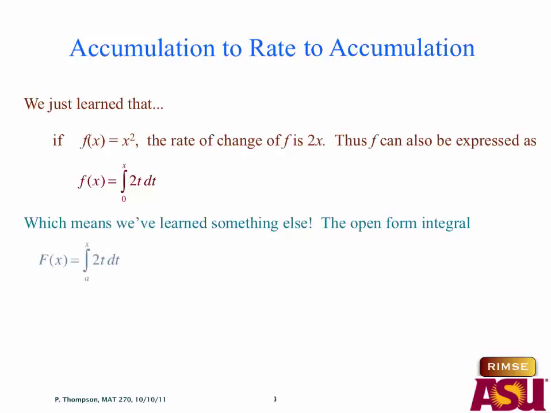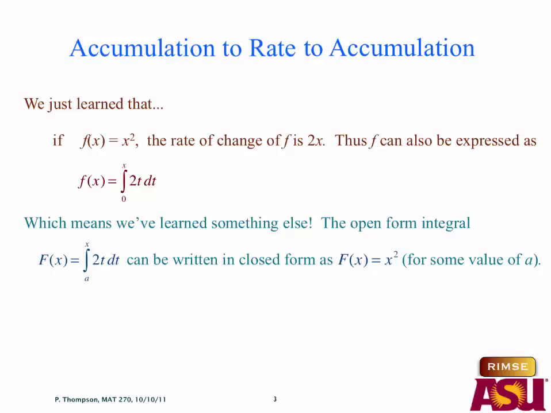X squared. So when we were creating accumulation functions from rates, we stopped at the open form. We were able to get the exact accumulation function, but that was only open form. We never got closed form.